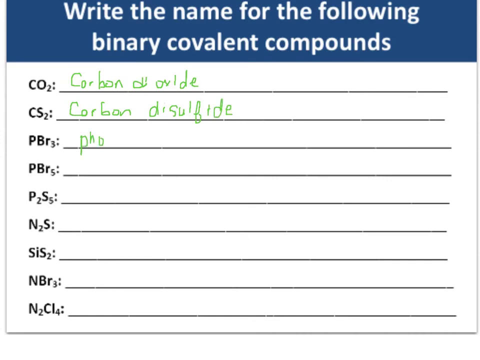Phosphorus. And we have three bromide, so that's tribromide. We have phosphorus again. And this time we have 5 bromides, so that's pentabromide.